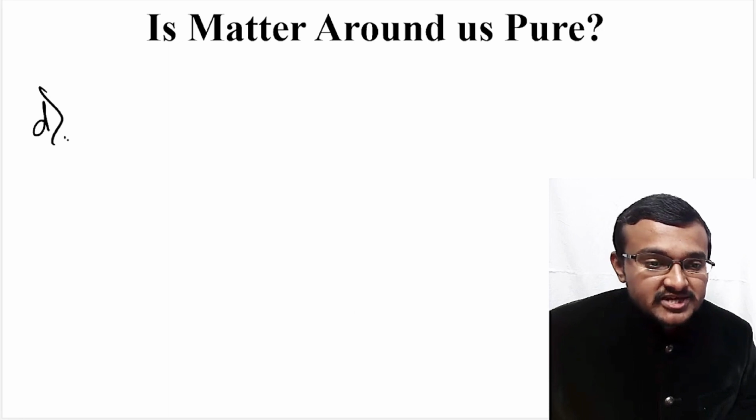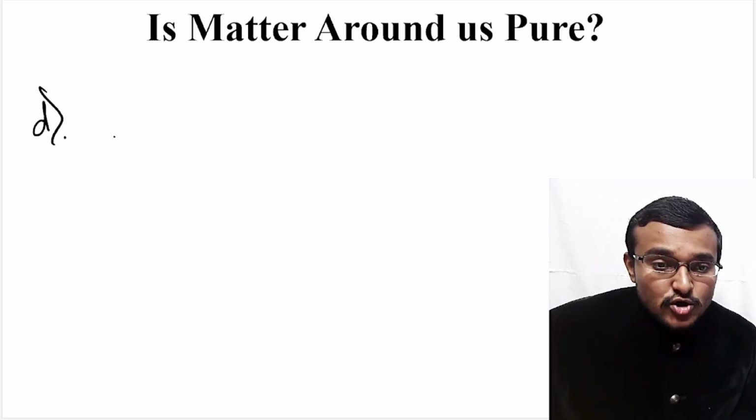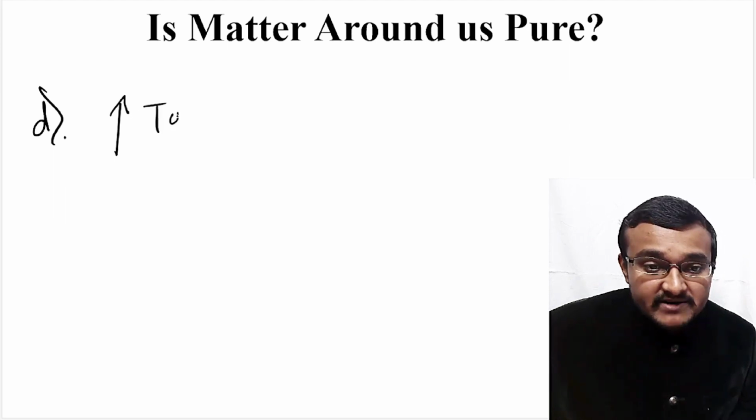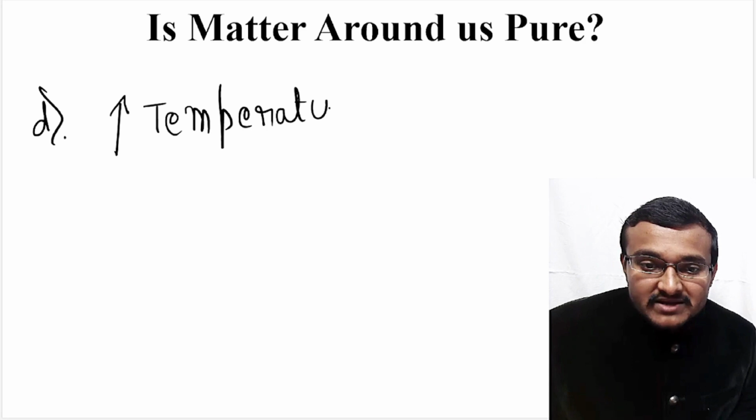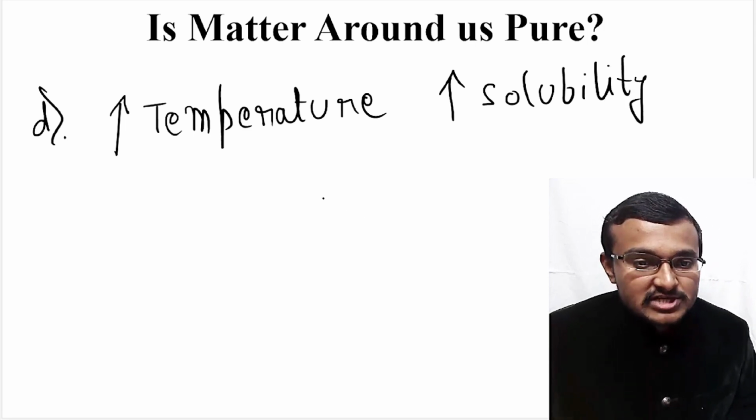So coming to the D question, here they have asked what is the effect of temperature. If you observe the table which they have given, whenever there is an increase in temperature, there is also an increase in solubility. So an increase in temperature is increasing the solubility of the solution.